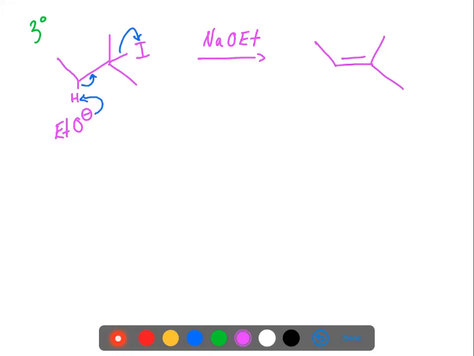But in this example, we may also form the Hofmann product. So this is the Zaitsev, this is the trisubstituted alkene. We could have deprotonation from the other beta position. So I'll show this hydrogen.